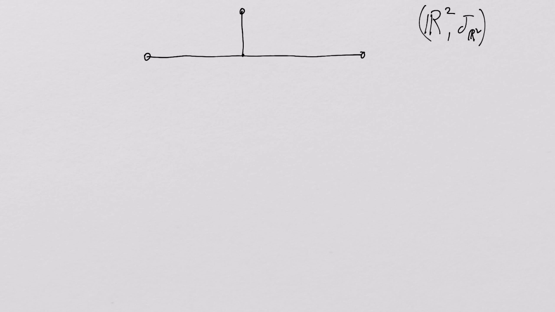Because then I can immediately create a topology for this structure. If this structure is considered a line sitting in the real Euclidean plane, which is the set R2 with the standard topology, then immediately I can get the subspace topology.